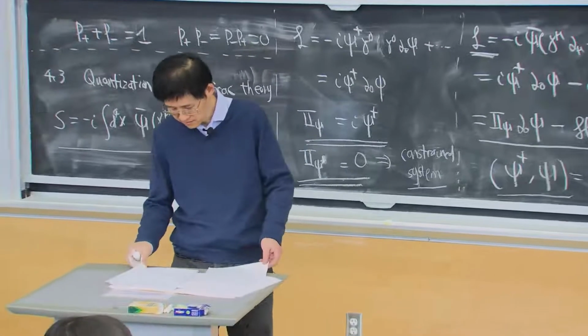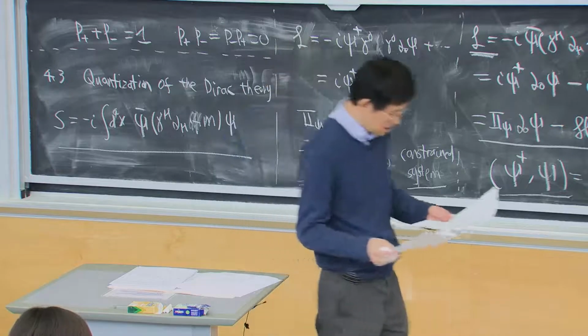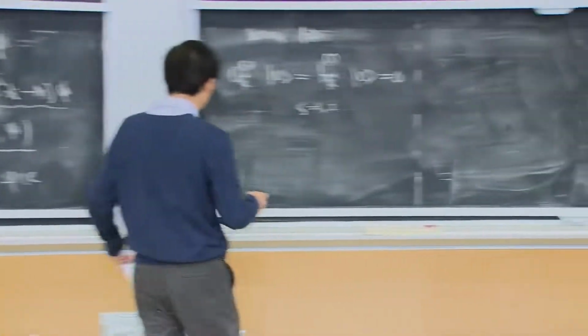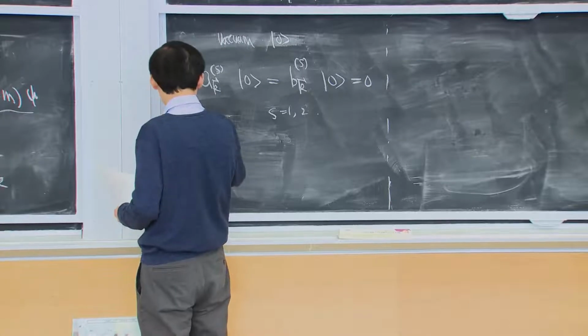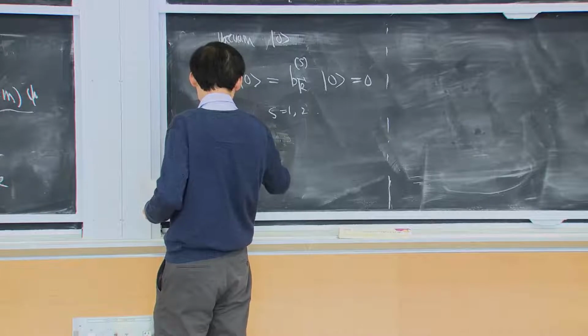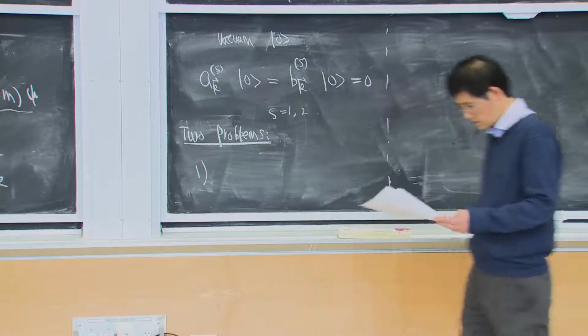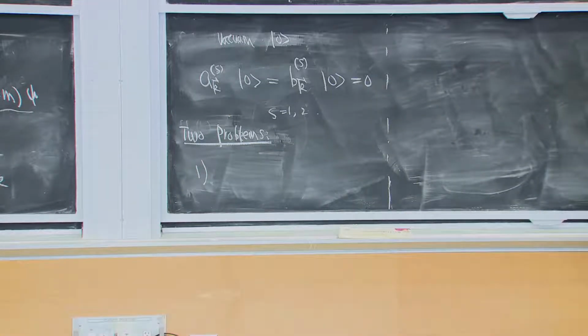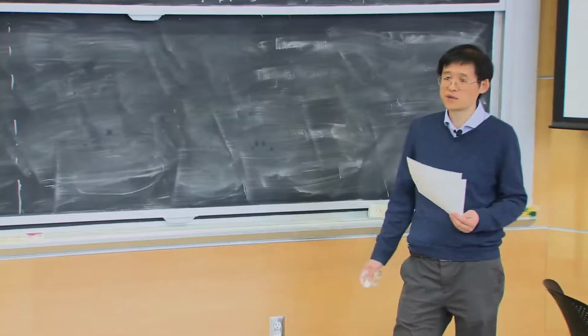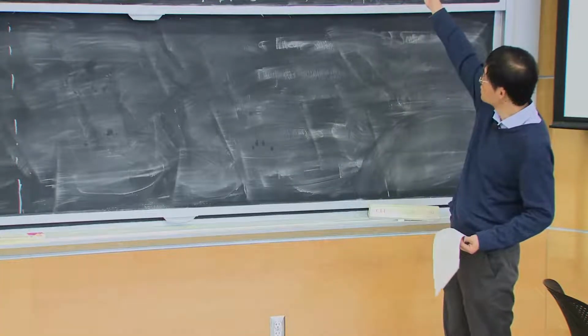But you actually have problems. The first problem, some of you may already be asking in your head: are we supposed to describe spin 1/2 particles? If so, why do we find bosons?